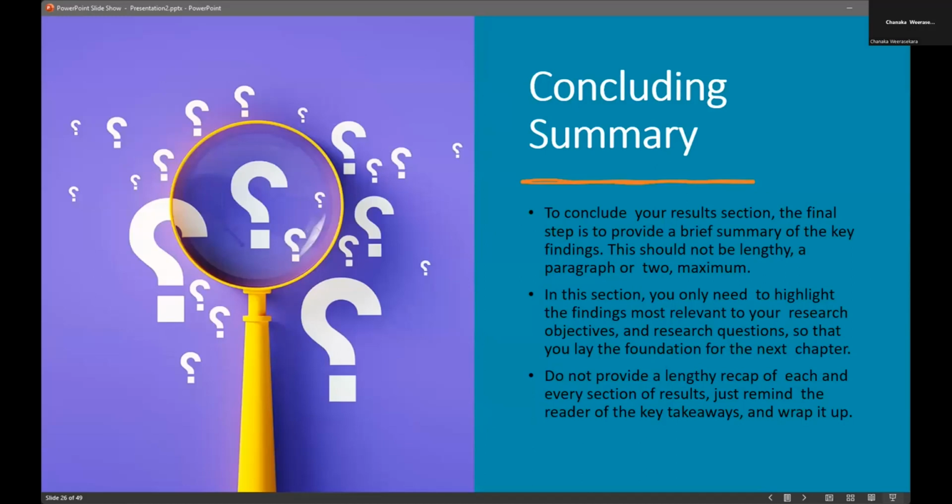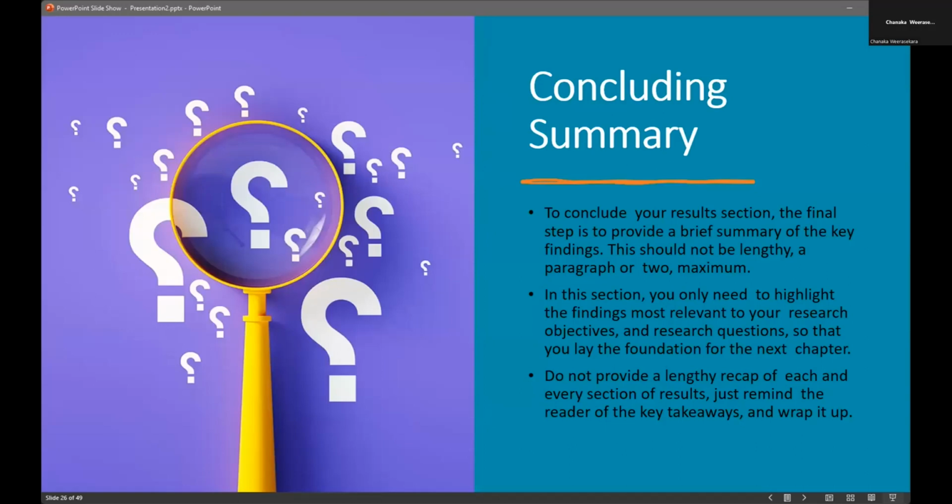So that's the idea. Again, do not provide a lengthy paragraph as the concluding summary. It should be very short and brief, just to give the key takeaway of the results section.